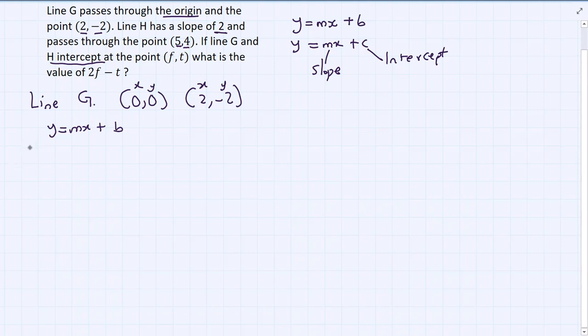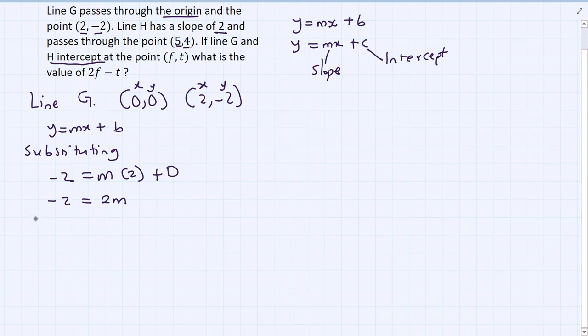Substituting, y is -2, we don't know m yet, that's the slope, and x is 2. We just substituted this into the equation, and b is 0 because we crossed through the origin. So -2 is equal to m multiplied by 2, which gives us 2m.